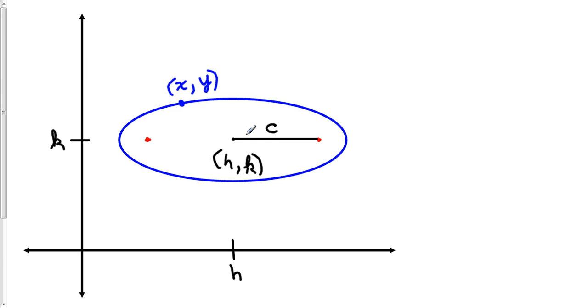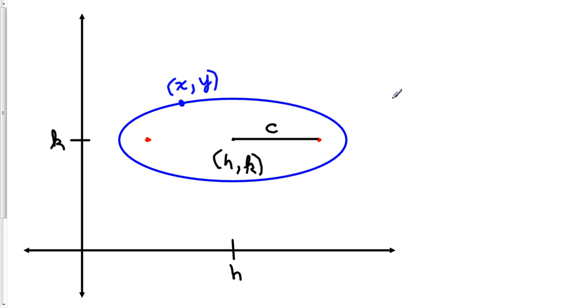The next thing I want to tell you is that this relationship exists. The distance from the center to either of the foci, the distance from here to here, and also from here to here, because it's the same distance, that distance is c.